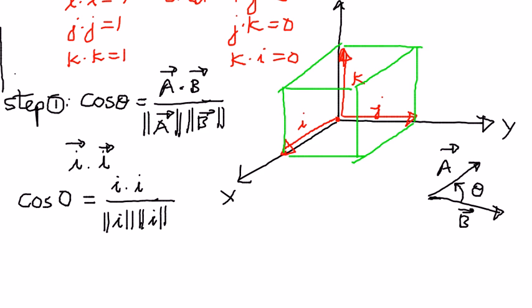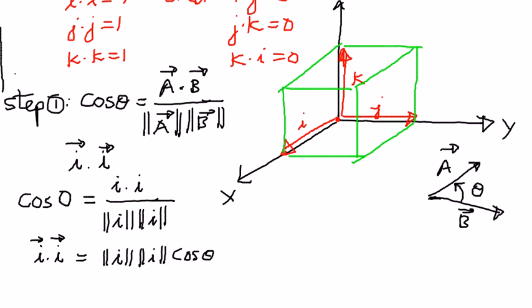Now, we want to find I dot I. We want to find vector I dot vector I. So we want the dot product of vector I dot vector I, and that we can write as the magnitude of I times the magnitude of I cosine theta. I just rewrote this in this form.